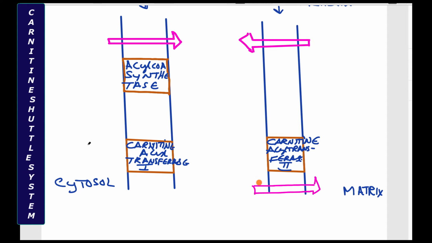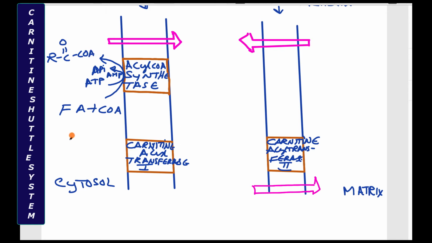Let us see now. In the cytosol, the fatty acid plus coenzyme A, in the presence of ATP, as I already talked about, giving PPi and AMP, leads to formation of acyl CoA.